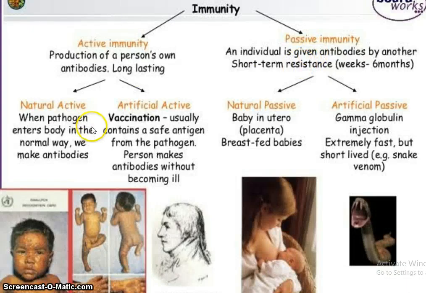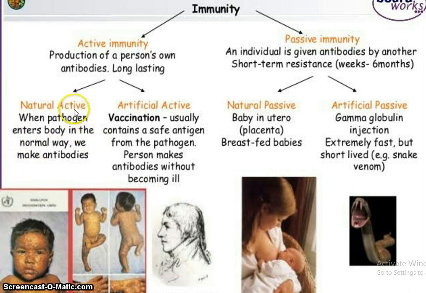Now here we can see direct examples of natural active immunity, artificial active immunity, natural passive immunity, and artificial passive immunity. This is the example of measles: once we are infected by the disease measles, our body resists it, and in our lifetime we never get the infection of measles again.